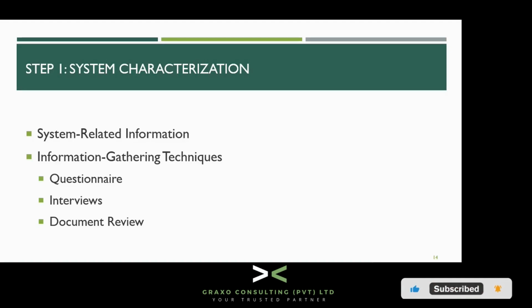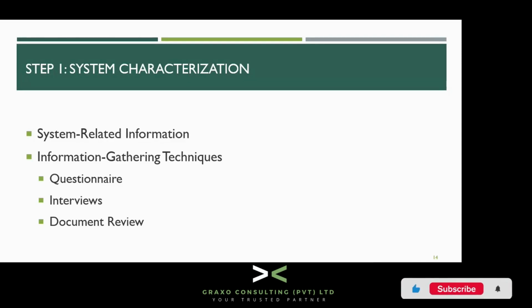The second information gathering technique is interviews. You have to conduct interviews with the IT systems support staff and the management teams to enable the risk assessment team to collect useful information about the IT system.